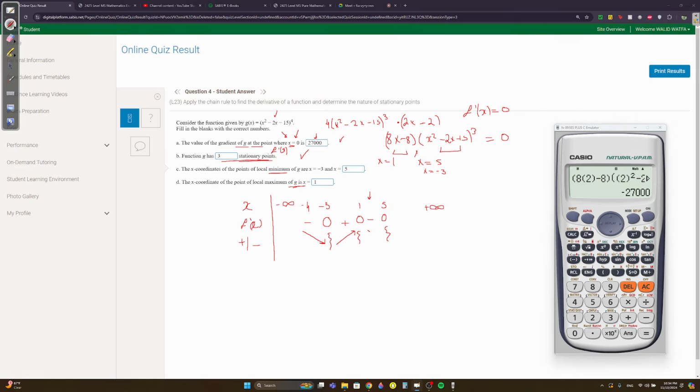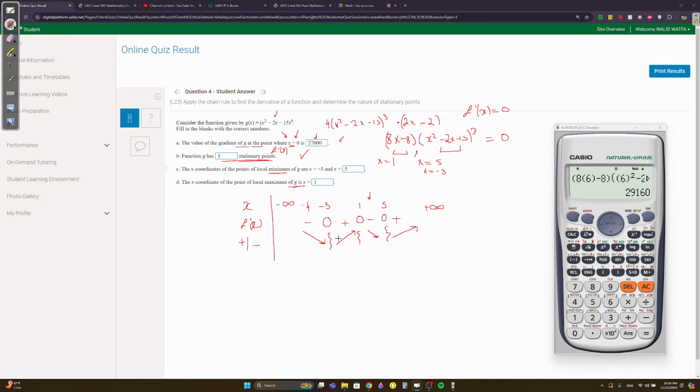That means minus, going down. And after 5, let's take 6, for example. You're going to get a positive number, so it's going up.